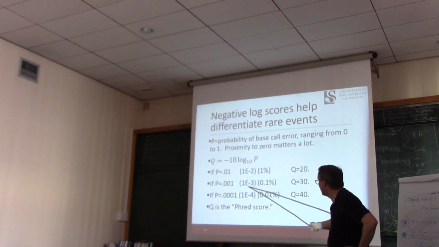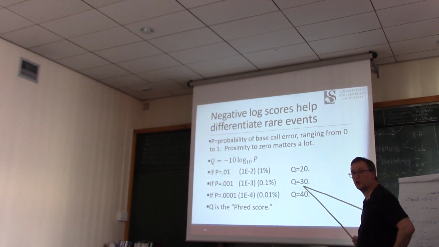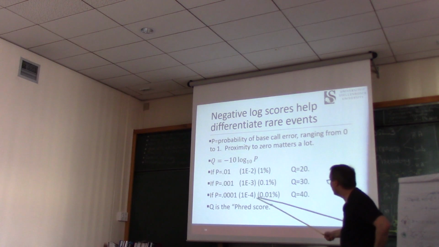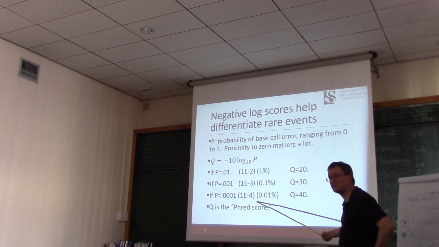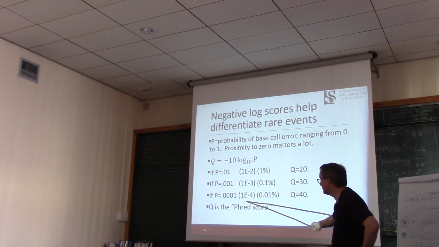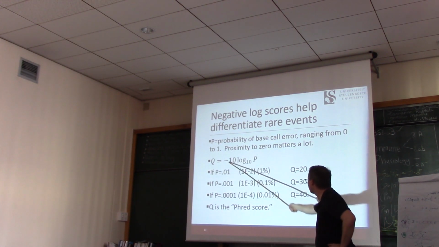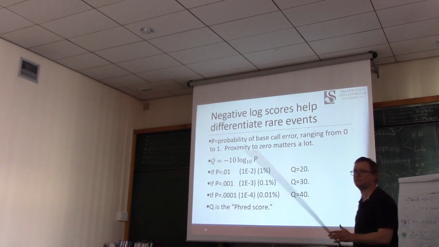So grab this exponent, minus 3, multiply that by minus 10, out pops 30. If you have only a 1 in 10,000 chance of error, you have 0.0001. That's the same thing as 1 times 10 to the minus fourth. Minus 4 times minus 10 is 40.